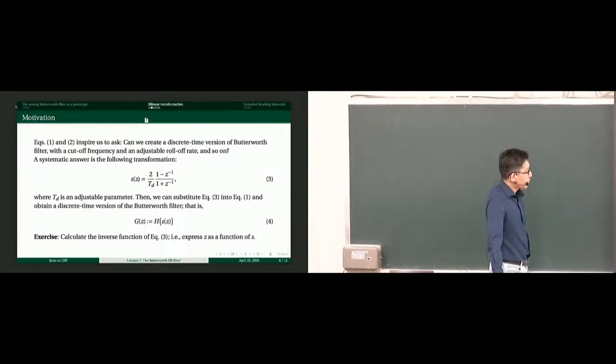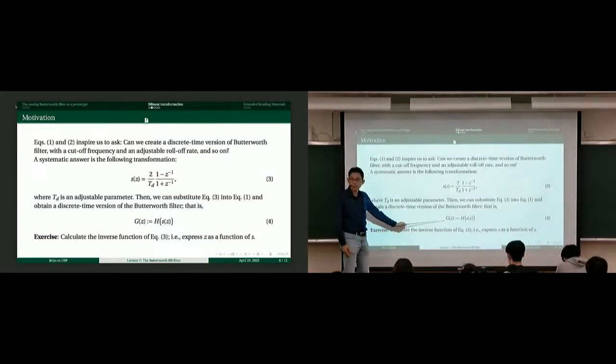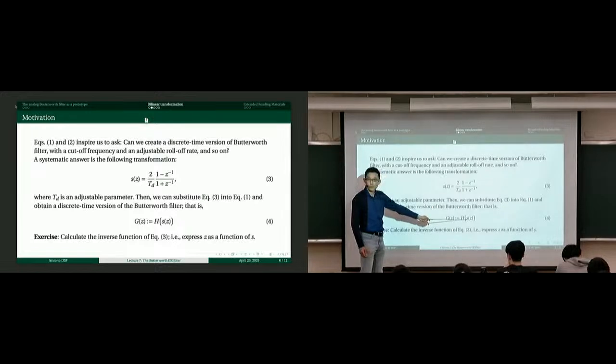With this transformation, we can go from analog to digital using this equation. Let's say H is the prototype, a function of S, so H is in the S domain. Now, whenever you see S, just make a substitution.